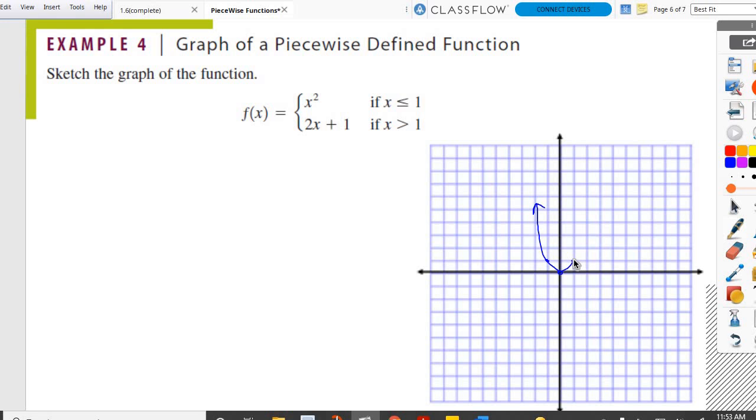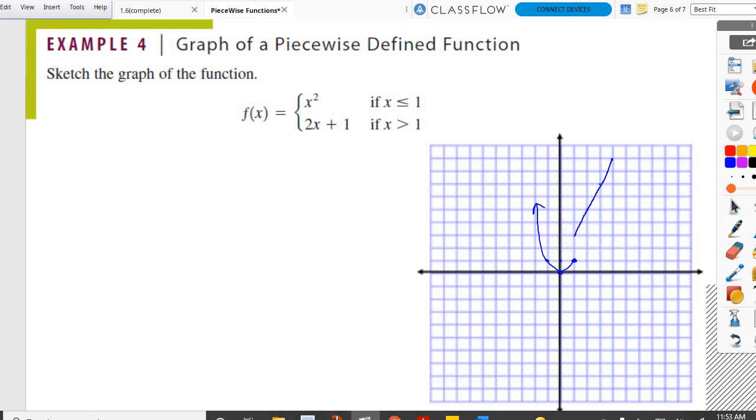So that would be my first piece. Then my next piece is 2x plus 1, which is a line. What's my y-intercept? 1. And we have a slope of 2. So it would come down like this, but where is that graph going to stop?